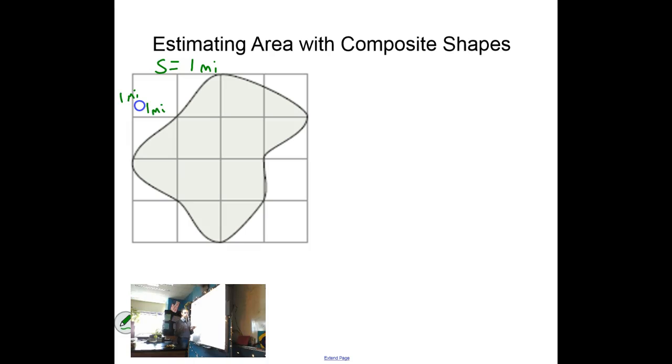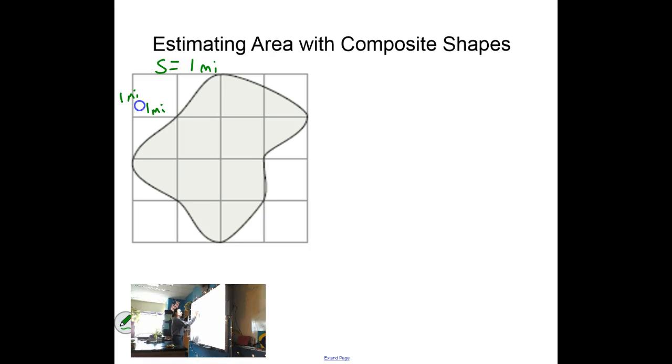1 square mile, great. So when we use composite shapes to estimate the area, what we want to do is break this down into figures that are really easy to work with, like triangles, rectangles, trapezoids, and whatnot. The way I look at this is, I've got 3 figures here.